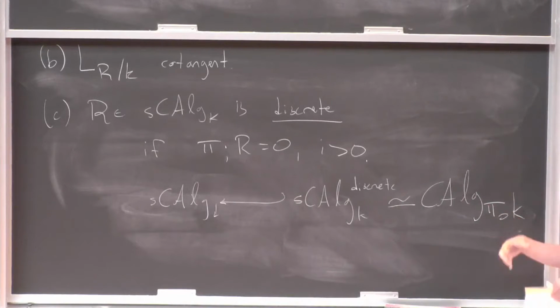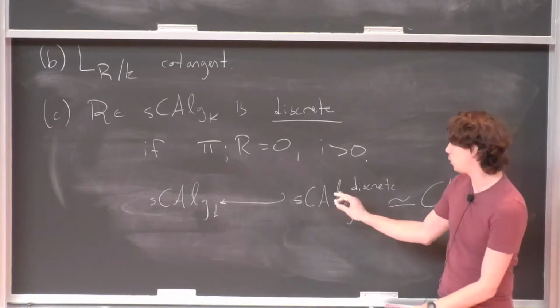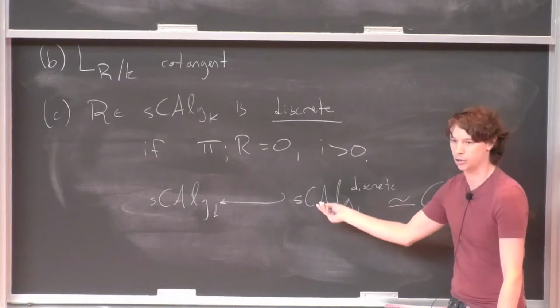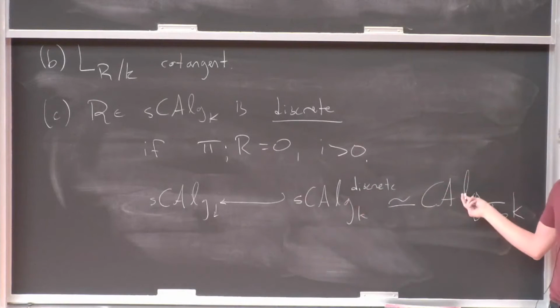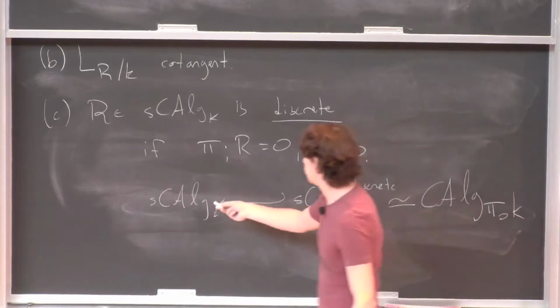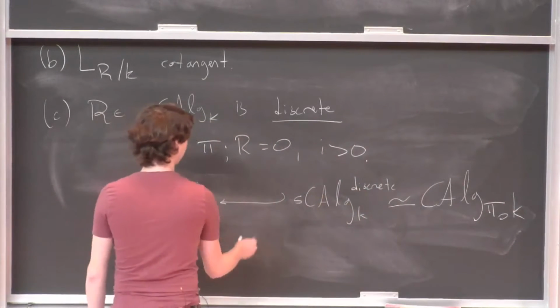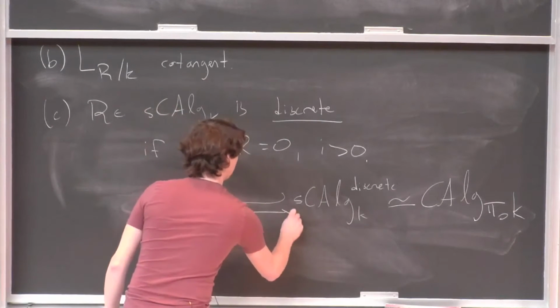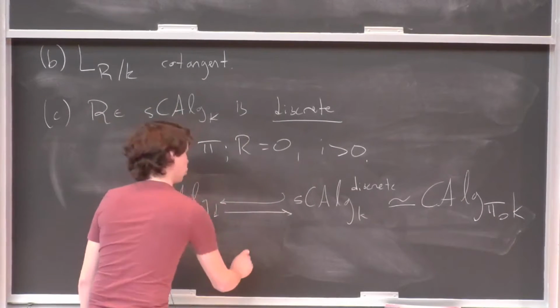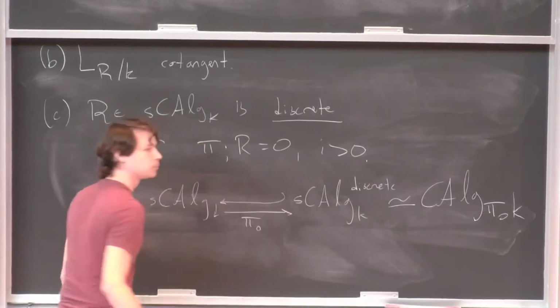Pi_0 is actually an ordinary commutative ring. This is just an ordinary category, and if we just focus our attention on the discrete simplicial commutative algebras, then we're just recovering ordinary commutative ring theory sitting inside here. And this is actually fully faithful. There's a left adjoint. This left adjoint is just take pi_0.